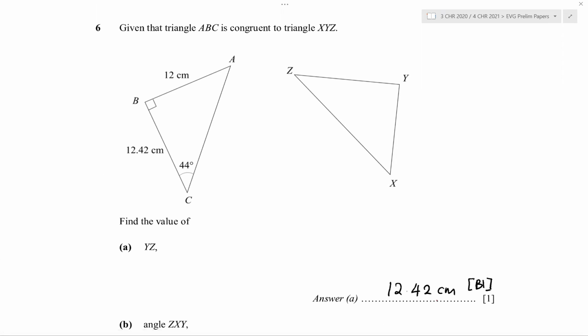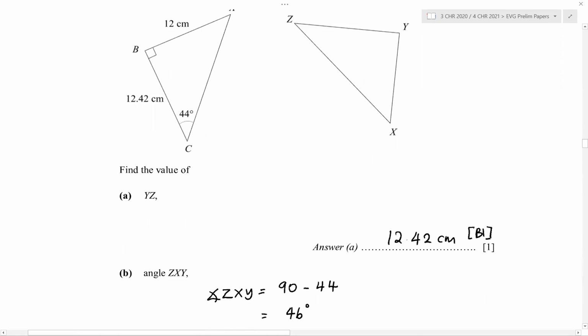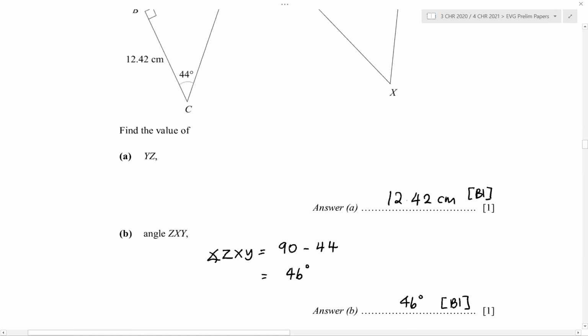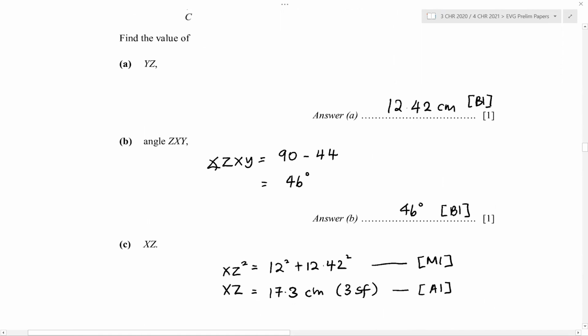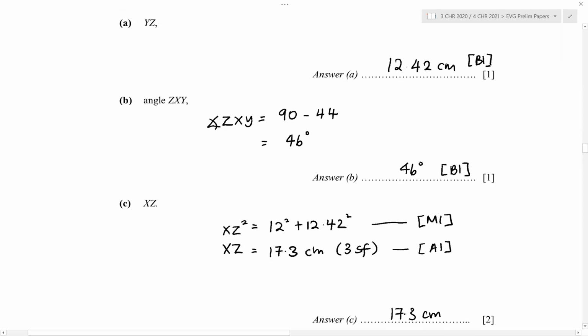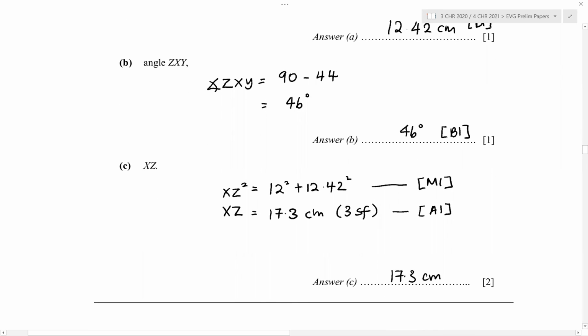That's third. Oh, this one no reason one. So anybody needs help? None. Okay. Angle ZXY 46. And then the final one is Pythagoras theorem. That's third.